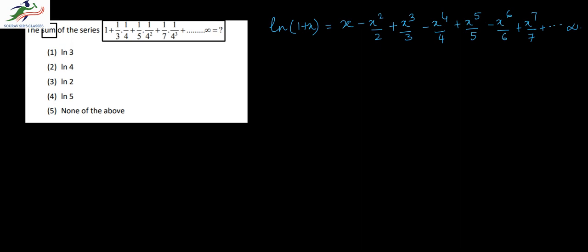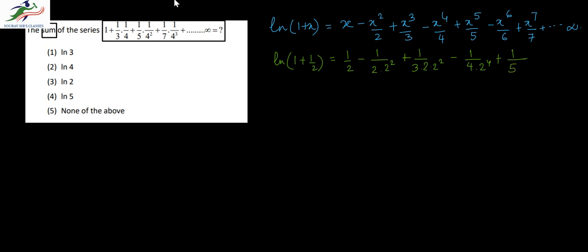So in place of x, we can write half. That means ln of 1 plus half will be equal to half minus 1 by 2 into 2 square plus 1 by 3 into 2 cube. 2 cube can be written as 2 into 2 square, minus 1 by 4 into 2 to the power 4, plus 1 by 5 into 2 to the power 5.